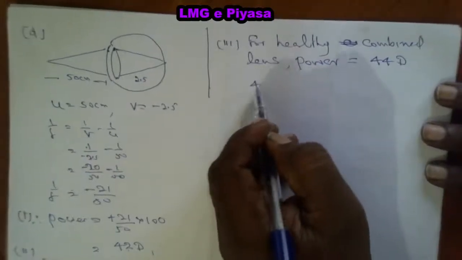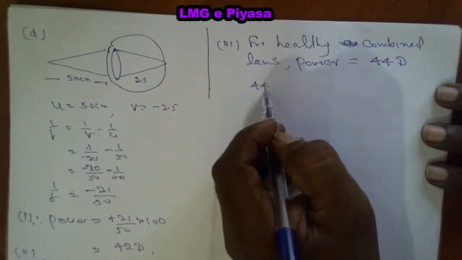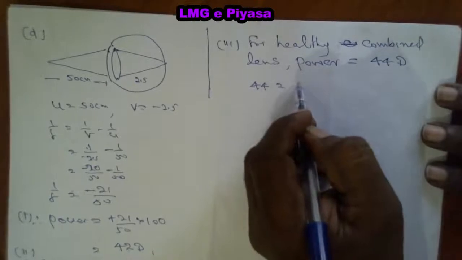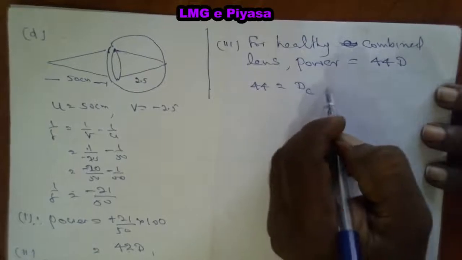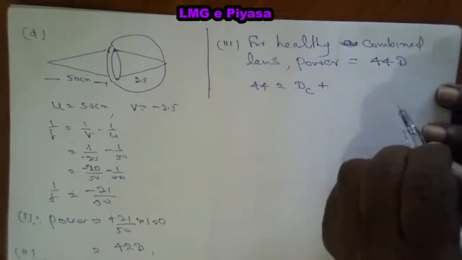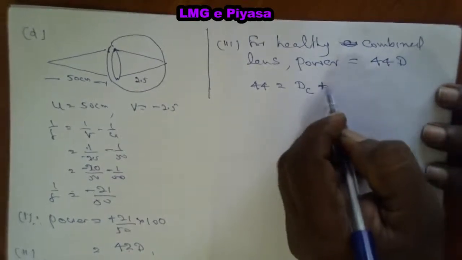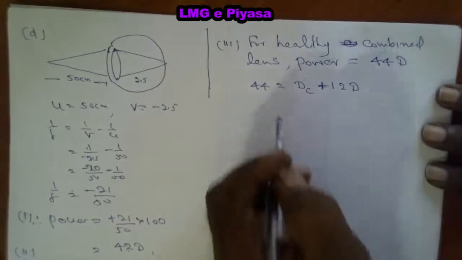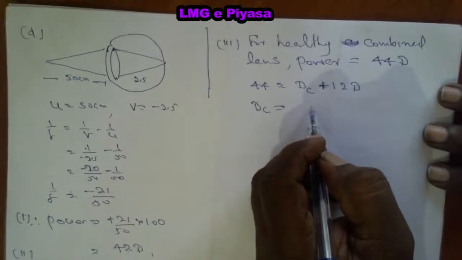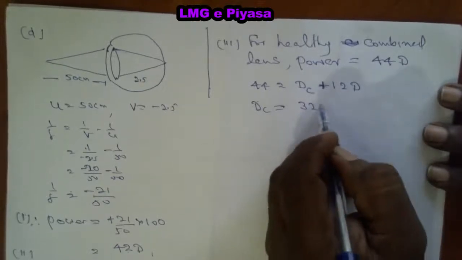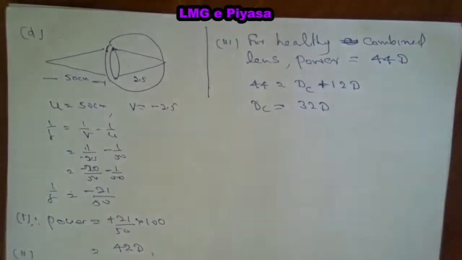So 44 equals DC plus DL. DL is 12 diopters. Then DC equals 32 diopters. DC equals 32 diopters.